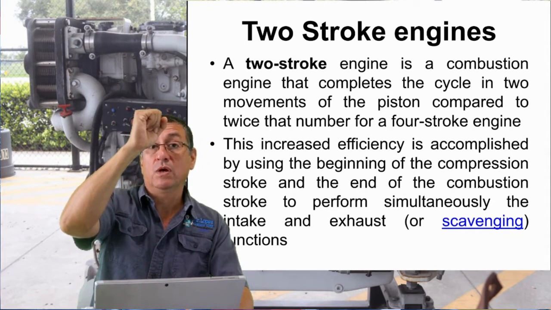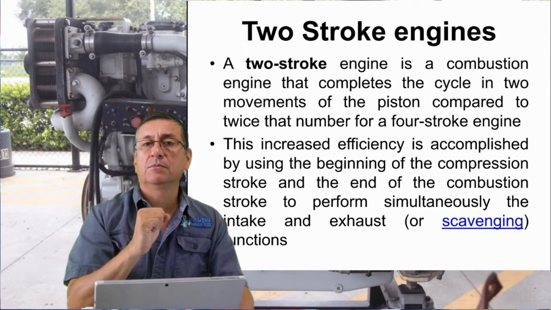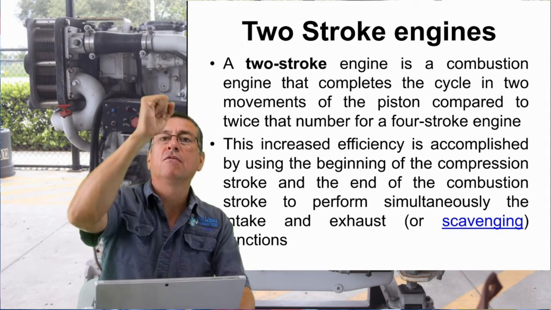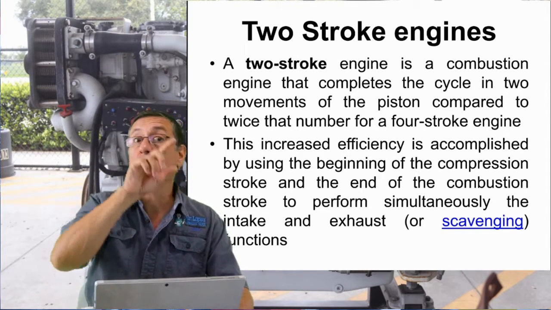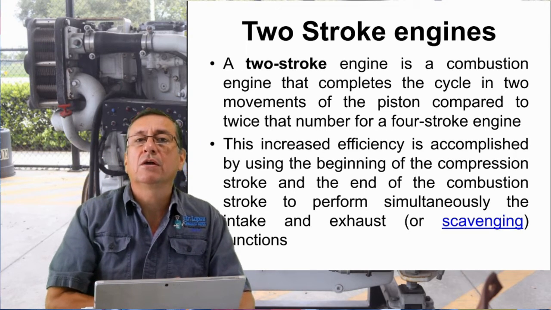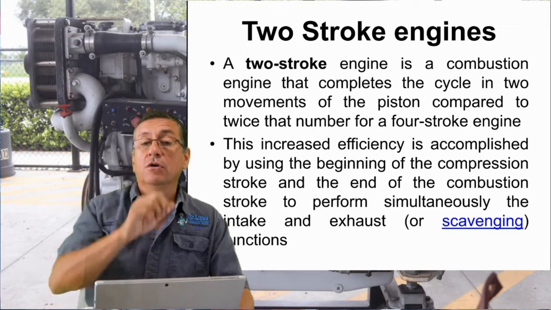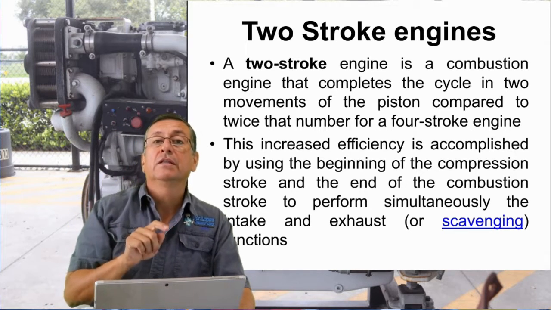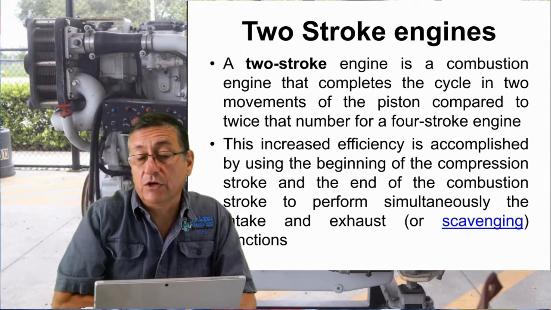During the power, the piston once again goes down, 3rd movement. And during the exhaust, the piston once again goes up, 4th movement. 1, 2, 3, 4 movements to complete 1 cycle of intake, compression, power, and exhaust. In those 4 movements, the crankshaft rotates 2 times. This is for 4-stroke engines.